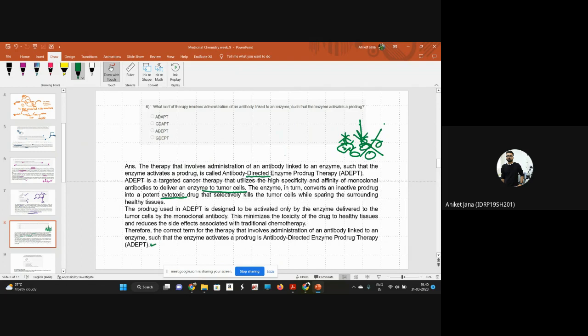So what we are doing is attaching a monoclonal antibody which is very much targeted against that cancer antigen. That antibody goes to this cell, and the enzyme linked with this antibody activates that prodrug and kills these cancer cells. So this is the concept of using antibody directed enzyme prodrug therapy.